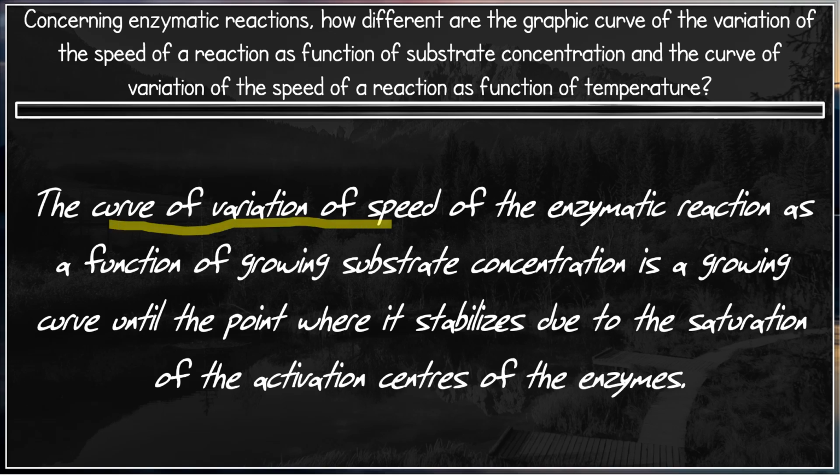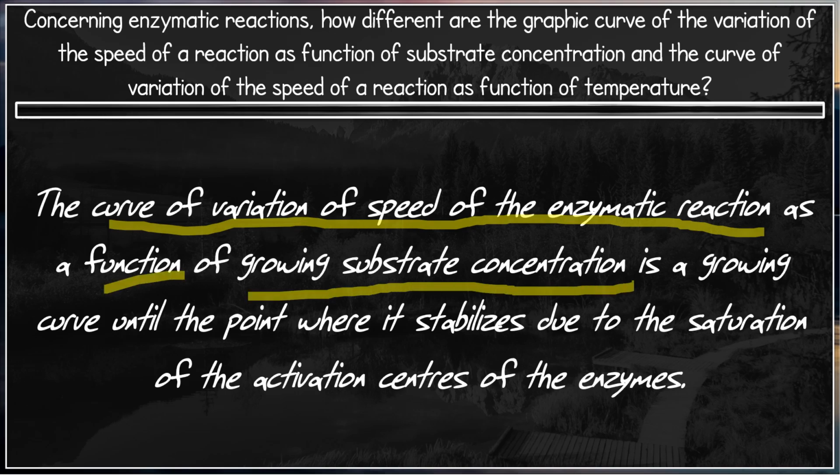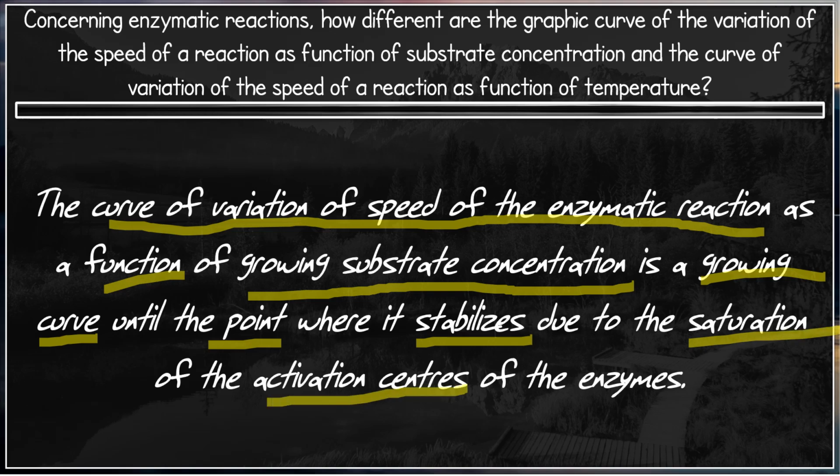The curve of variation of speed of enzymatic reaction as a function of growing substrate concentration is a growing curve until the point where it stabilizes due to the saturation of the activation centers of the enzymes.